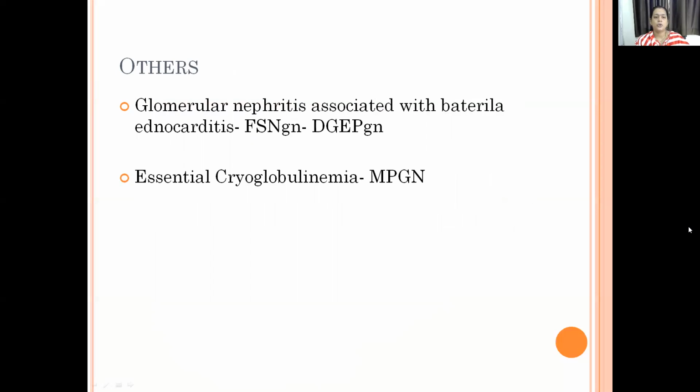Amyloid nephritis, I told you, is what? While we were discussing immunology, we spoke about amyloid nephropathy, wherein there are misfolded proteins. Amyloid is nothing but accumulation of unwanted misfolded proteins, in the form of light chains or serum amyloid proteins, right? It can accumulate in association with glycoproteins.